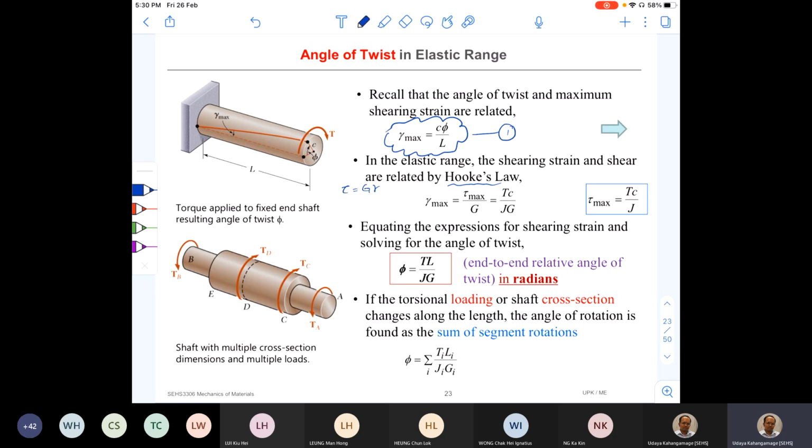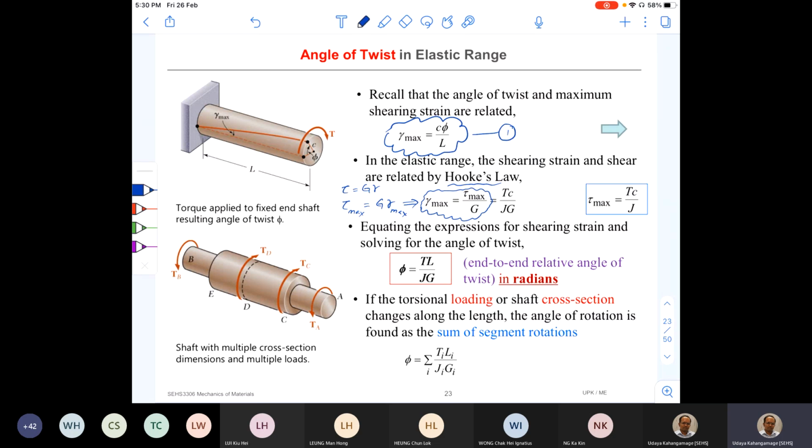And if we want to find the maximum shear stress, tau max should be equal to G times the maximum shear strain, right? Okay, so now I use this equation to write an equation for gamma max. So this gamma max here is coming from Hooke's law.